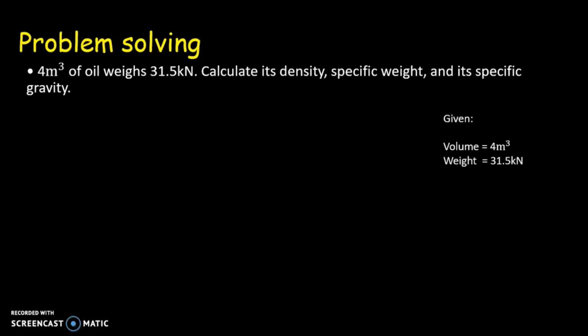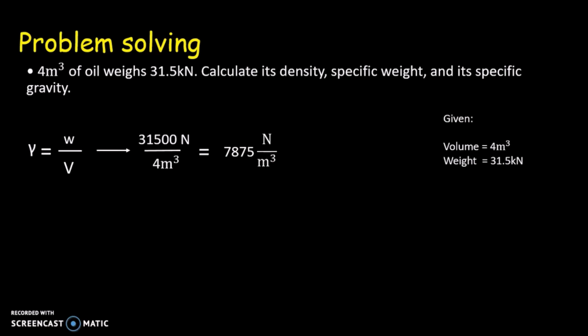We can easily calculate the specific weight. So this is the equation we're using for this type of problem. Specific weight is equal to weight divided by volume. So let's input our data. For weight, we have 31,500 Newton, and for volume, we have 4 cubic meters. And we get 7,875 Newton per cubic meter.